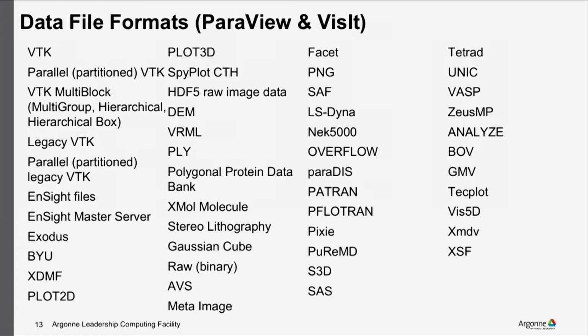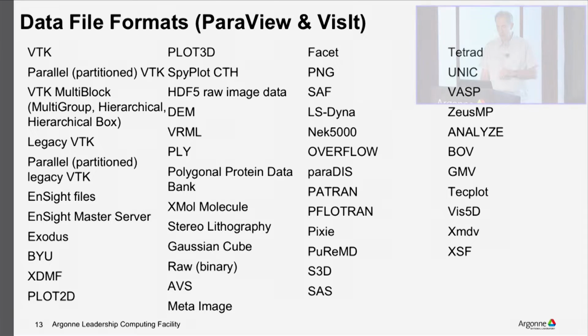And so there's actually quite a bit of time that we spend doing that sort of data wrangling, converting from one format to another. And so this is, again, just a list of some of the data file formats that these tools natively support already. And again, there are ways to create plugins if you have data in some different format that the tools don't already know about.